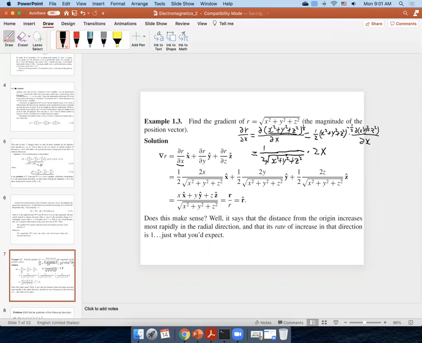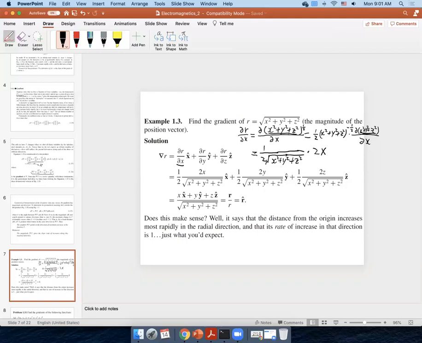because the x squared plus y squared plus z squared term has three components: x squared, y squared, z squared. So that's the sum of three terms. You could use partial x squared over partial x, plus partial y squared over partial x, plus partial z squared over partial x.